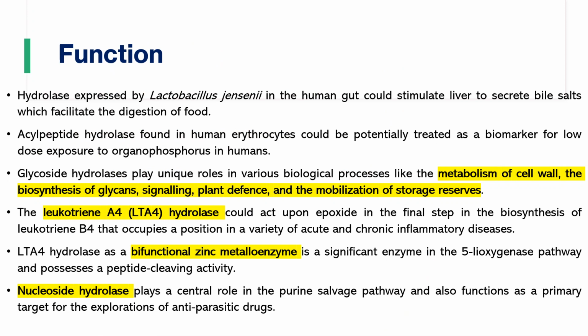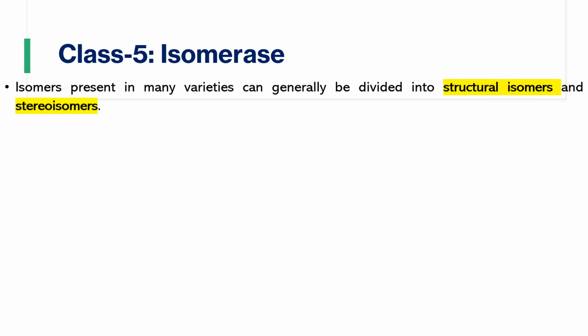Then we have isomerases. Isomerases present in many varieties can generally be divided into structural isomers or stereoisomers. If you remember the isomerization reactions, we have two types of isomers: stereoisomers or structural isomers.